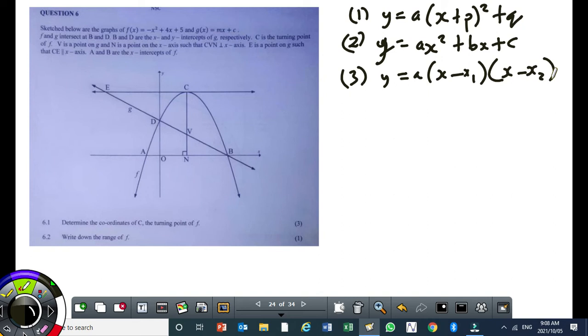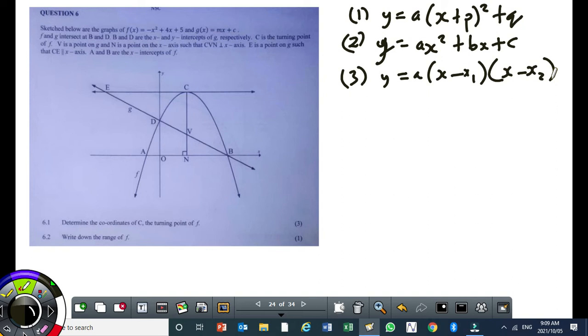So for this question, you're given the equation of the parabola in standard form. The straight line, the gradient was not given, the y-intercept was not given. You're also told that CDN is parallel to the y-axis, which is very important, or it's perpendicular to the x-axis, which is very important.